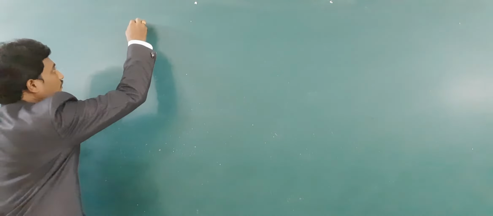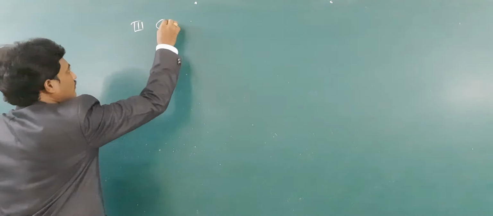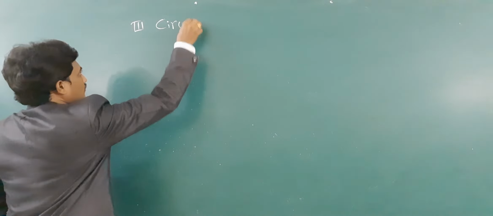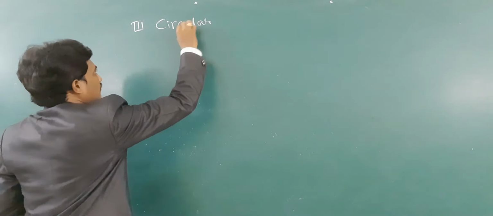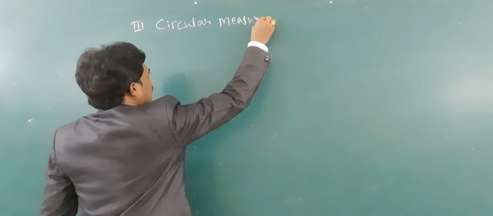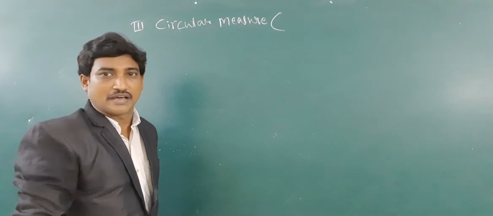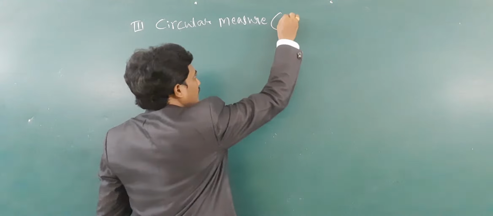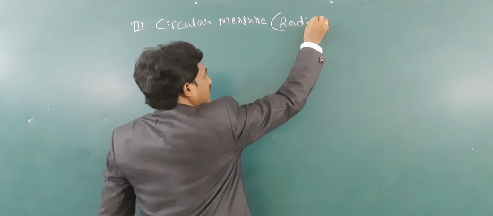Third one is circular measure, also called radian measure.